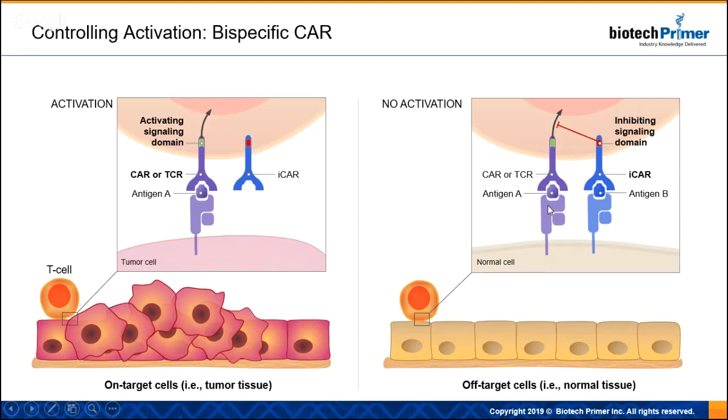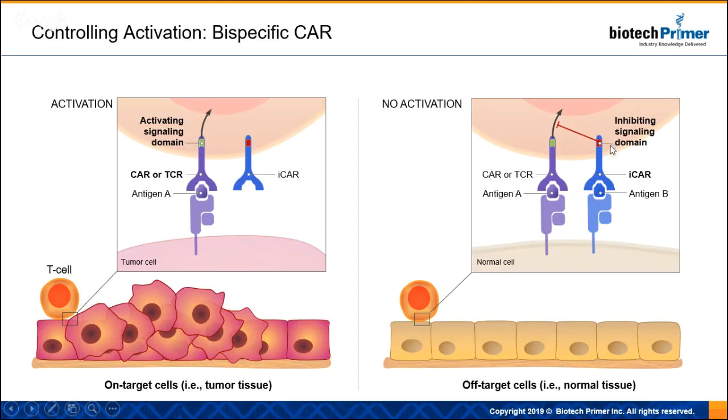So let's say antigen A is present on breast cancer, it's also present on lung cells. So let's see if we can find a second protein that is not present on breast cancer cells, but is present on the lung cells. So now if antigen A is engaged and antigen B is not present, this CAR T will go ahead and be fully active.